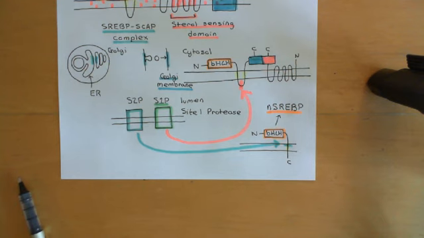Okay, and the two key targets that we're going to talk about are the fact that it will upregulate HMG-CoA reductase, and we know what that will do. That will boost up cholesterol biosynthesis, exactly what we want if we've got too little cholesterol within the cell. Okay, and it will also now increase the expression of this LDL receptor, okay, which is a new guy. We haven't seen that yet.